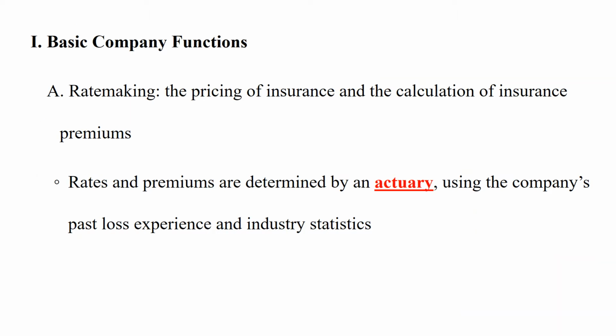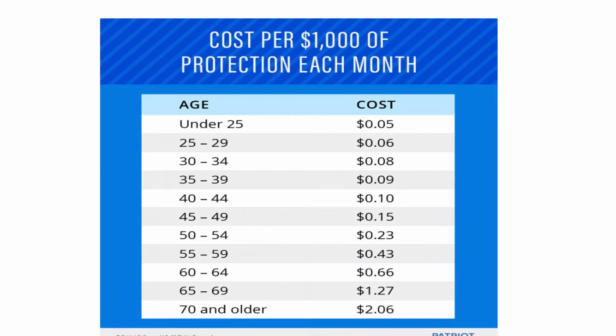There is a term you need to know, a rate. A rate means the price per unit of insurance. For example, today if you want to purchase a life insurance policy, your agent may show you a price list like this one. This list shows you the cost per 1,000 face amount each month.